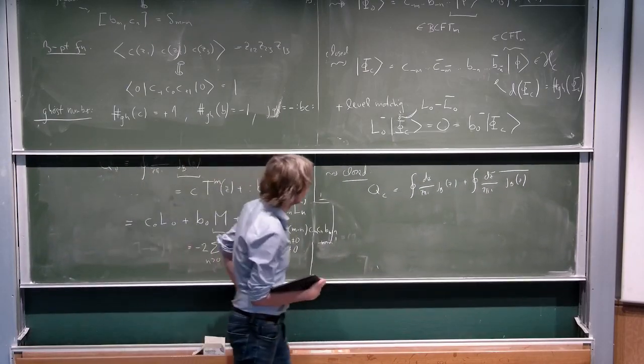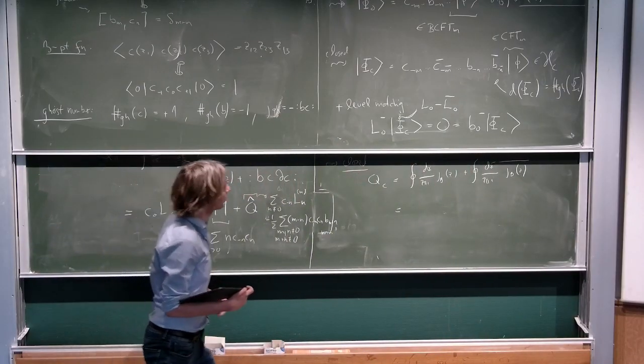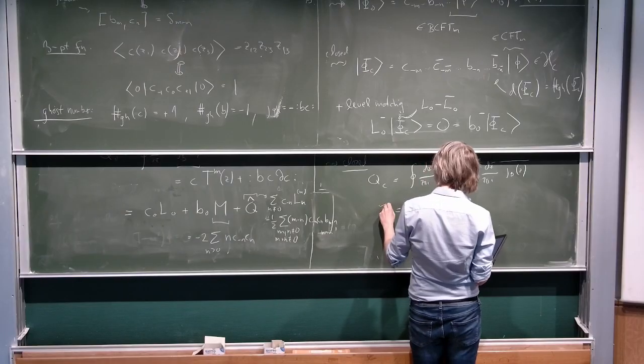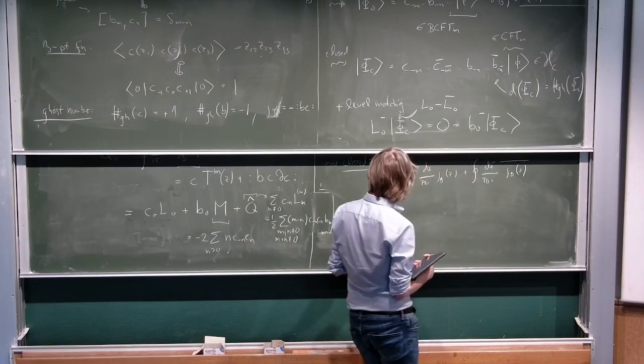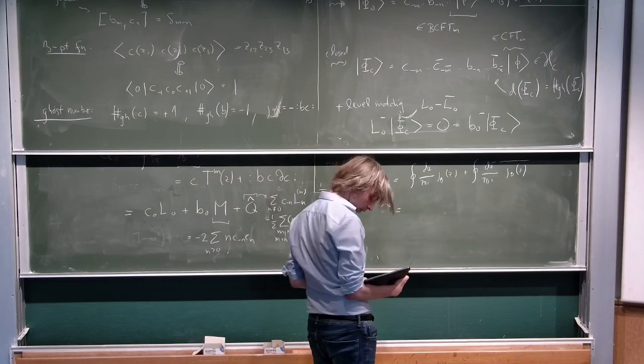And again, we could write down a similar decomposition as we did for the open case. By this time, it is already good to use the fact that we will only ever need to act with this Q_c on states which satisfy the level matching constraint.